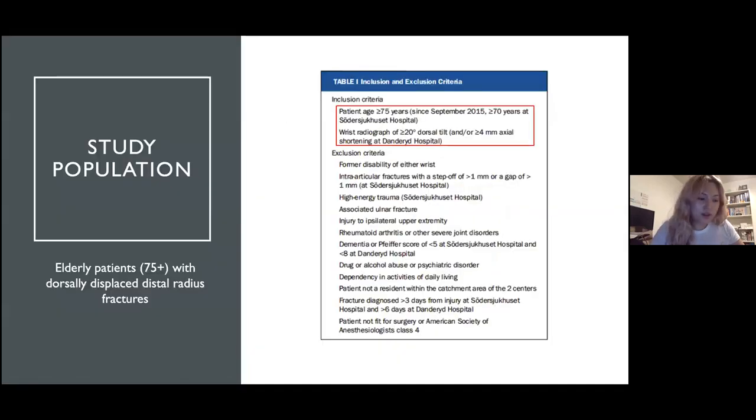Really quickly, the study population was patients who were 75 years or older, but they reduced that recruitment age to 70 to boost their recruitment numbers, which is a point of weakness that I'll touch on a bit later. They also look for wrist radiographs of greater than 20 degrees of dorsal tilt, so dorsally displaced.